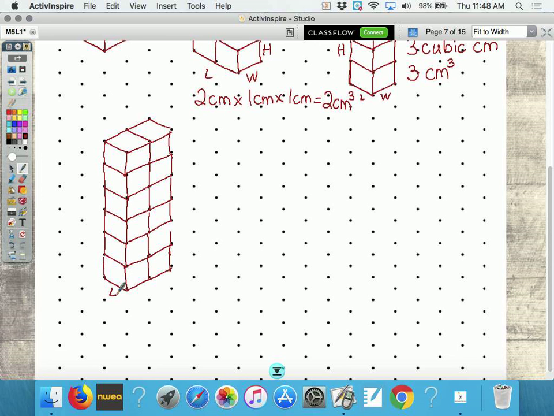Yeah. Here's the length, here's the width, here's the height. Okay? So this would be 6 times, what's the width? 2. I mean 1 times 2 times 6, sorry. Okay? Does that equal 12? Yeah. Okay. We're only not writing it because we want to draw the next one.